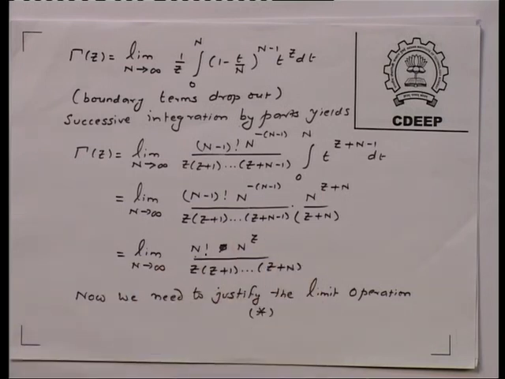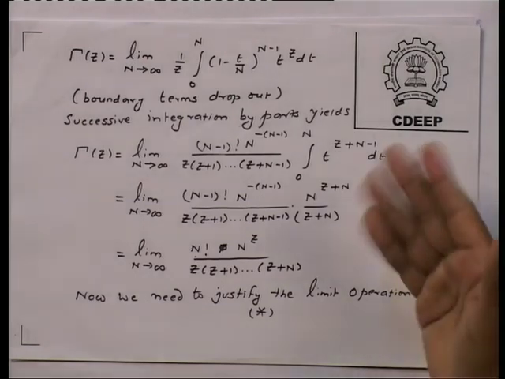That is how the n minus 1 factorial term comes out, correct. And each time you differentiate, you have to use the chain rule, that t by n is going to produce an n in the denominator. That is how the n to the power minus n minus 1 is going to come. Each time you integrate by parts, the t to the power z will become t to the power z plus 1 etc., and those exponents are going to come in the denominator.